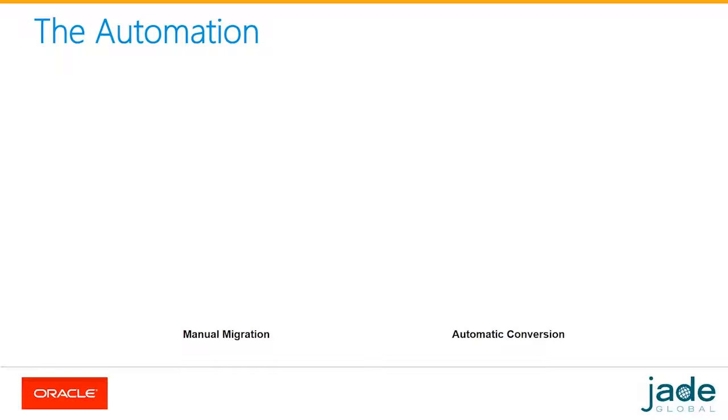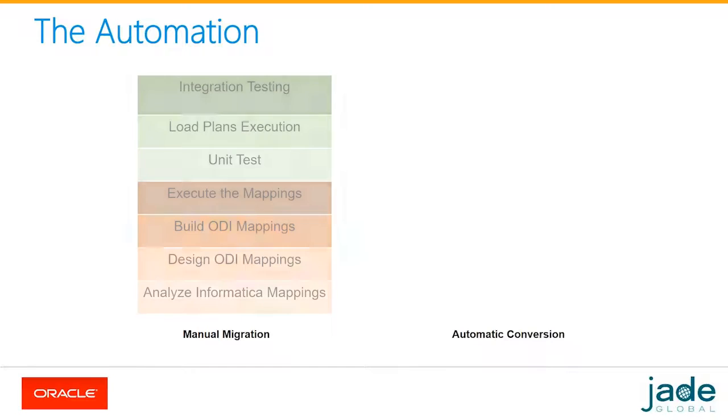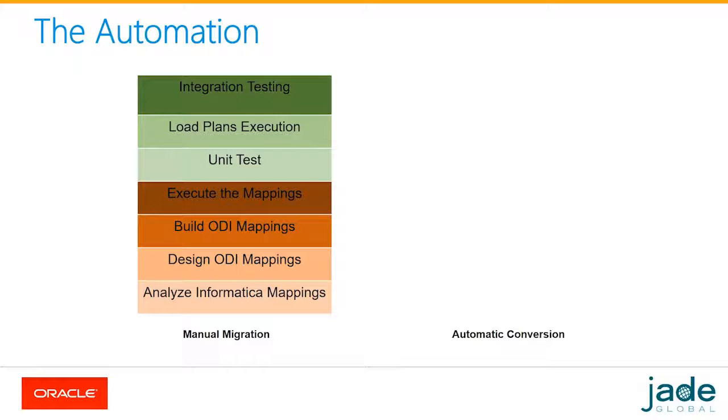Now the automation. Let's review what benefits we get by automating the conversion process. One must go through a series of tasks like analyzing Informatica mappings, conversion logic, business rules, lookups, etc. to understand the purpose of each mapping in Informatica.